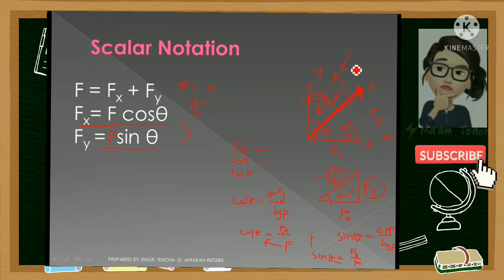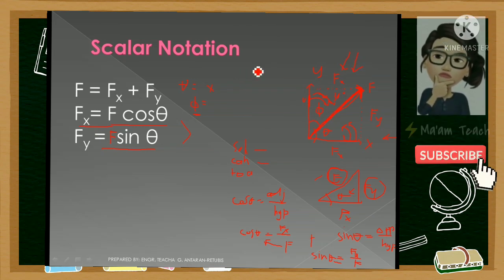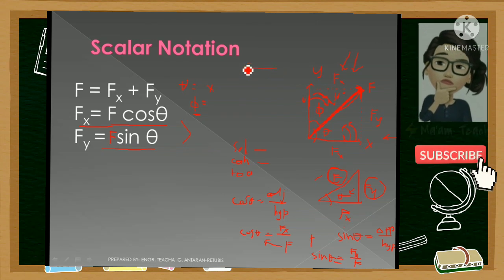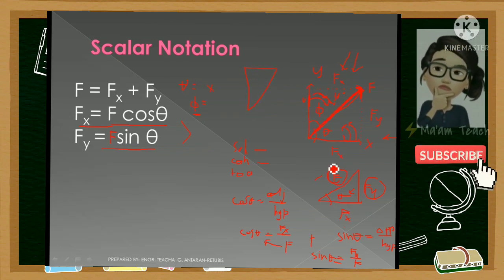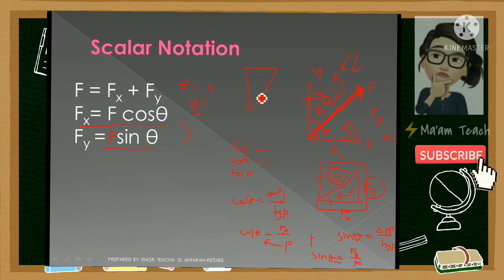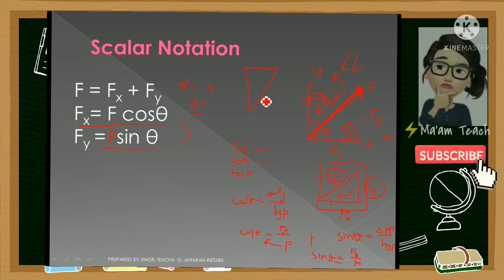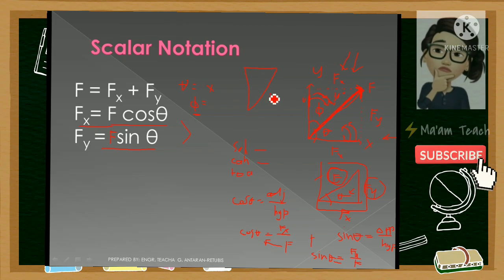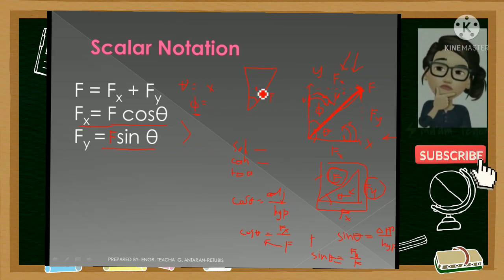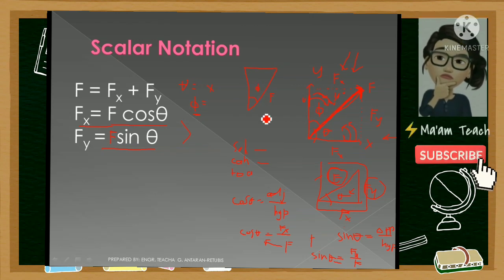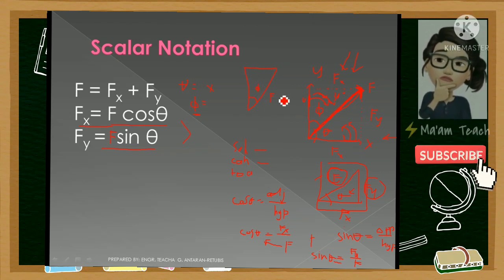We will take this triangle here. So this will be like this, contrary to what we have earlier, which is this common right triangle. In this case, this will be our right triangle, where this hypotenuse is our f. This is our angle, which is the angle phi.